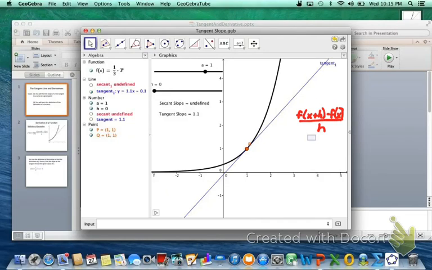So I can say that the tangent slope is equal to the limit as h approaches 0, the distance between points P and Q, of that difference quotient right there. All right. Really the point is we use the slopes of secant lines in order to find the slope of the tangent line. Now, let's talk a little bit more about the slopes of tangent lines.